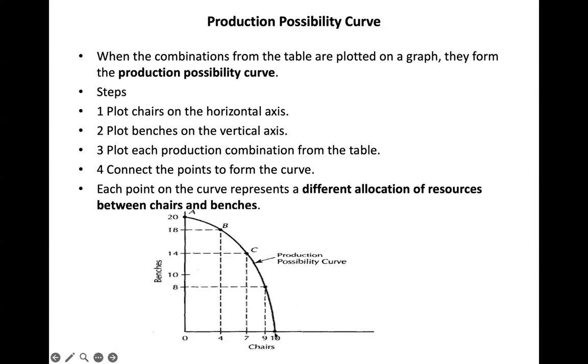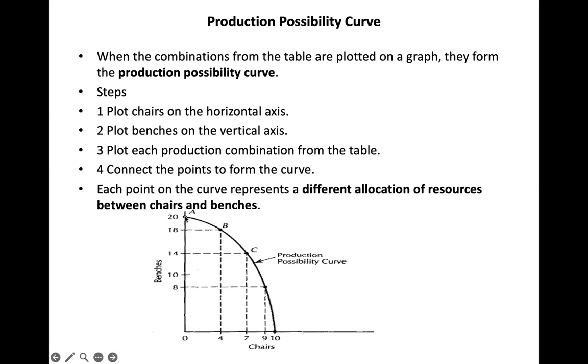He produced 10 chairs. Because he uses all the resources to produce the 10 chairs, he can only produce 0 benches. Therefore, this is the point. So let's name this point what? F. If the firm is using all the resources to produce benches, he can produce 20 benches and 0 what? Chairs. So that's the point A.